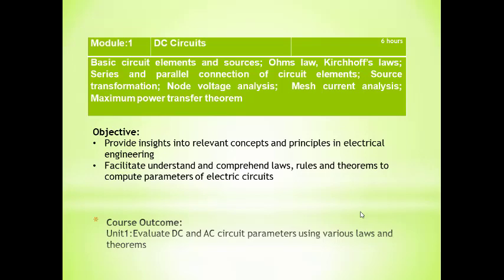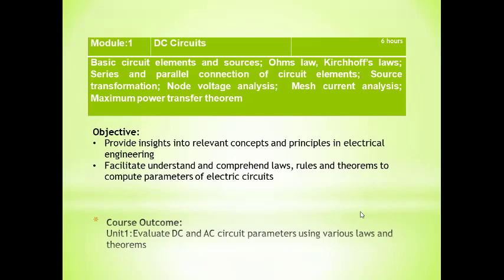Unit 1 and 2 are for DC circuits and AC circuits, and unit 3 is for magnetic circuits. So the objective is to provide insight into concepts and principles in electrical engineering and to understand and comprehend the laws, rules and theorems used to compute the parameters of electric circuits.